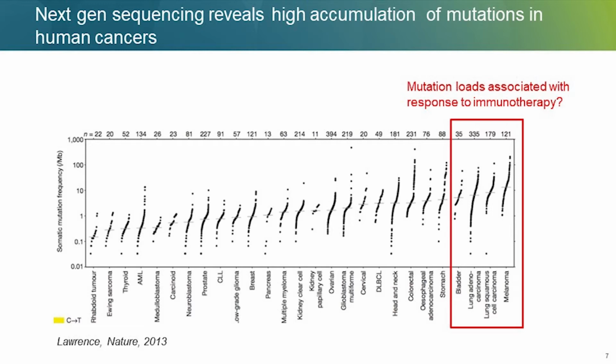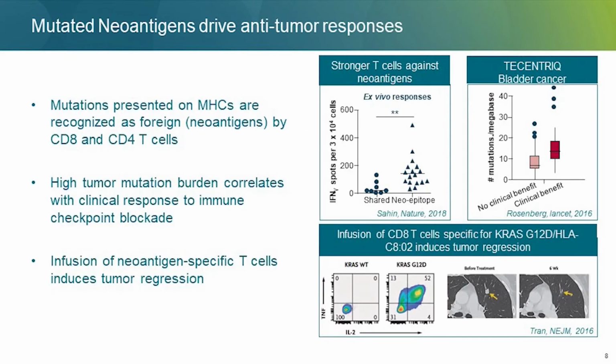So following this seminal paper, there was a wealth of studies that were done and a lot of data generated to show that these mutated neoantigens actually drive anti-tumor response. And I'm providing here a very short summary. It was shown that peptides that contain mutations can be presented on MHC class 1 as well as MHC class 2 molecules.